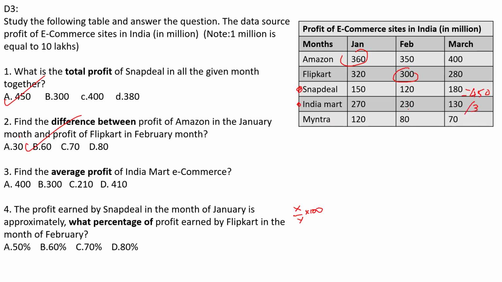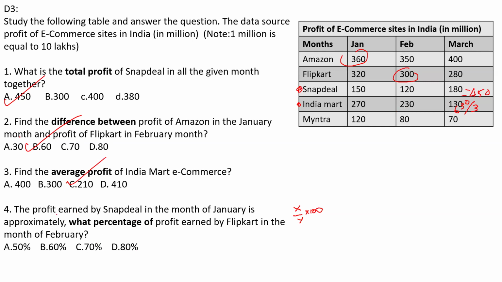So 270, 230 and 300. The total would be 630. So 630 divided by 3 comes to 210. Yeah.